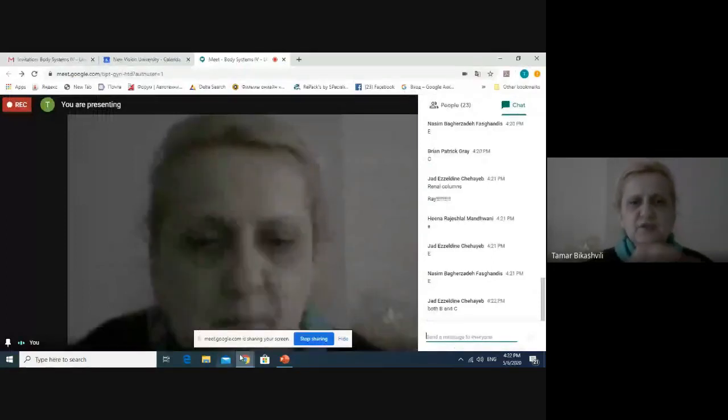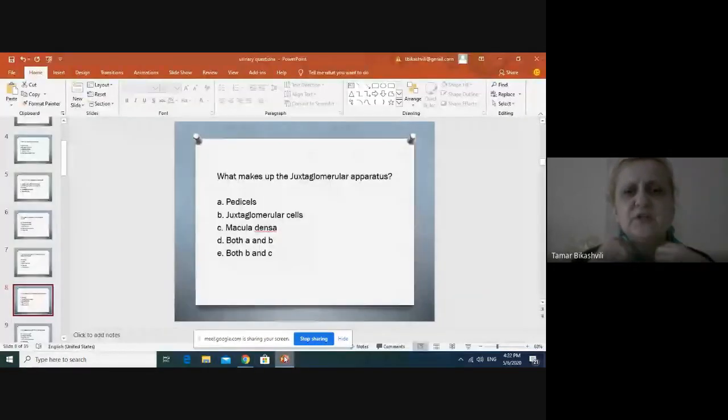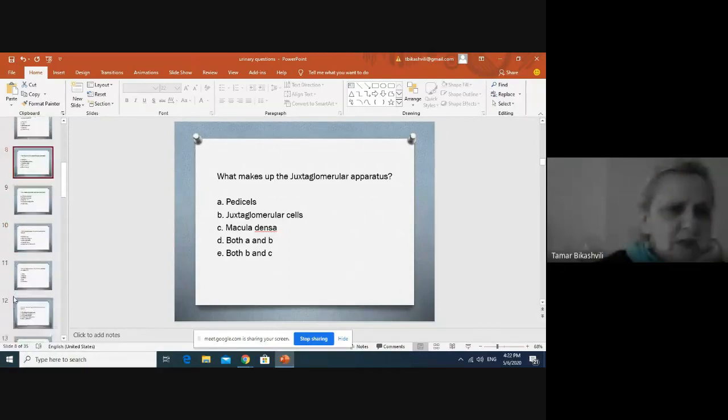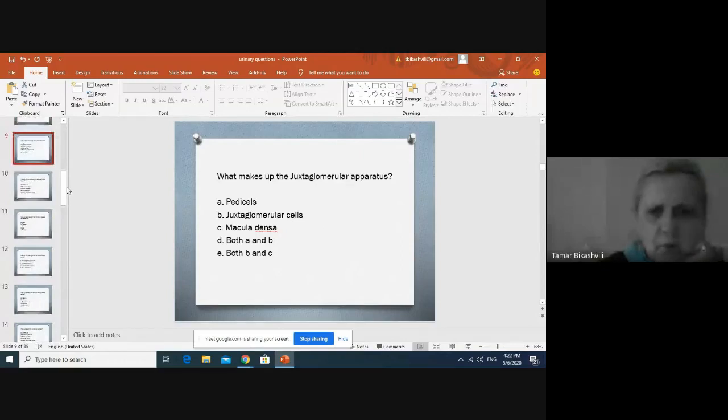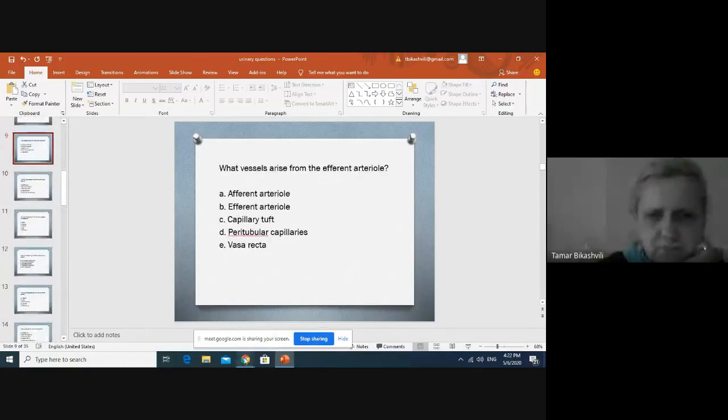Both B and C. So what are B and C? Juxtaglomerular cells and macula densa cells. Yes, juxtaglomerular apparatus, juxtaglomerular cells, and macula densa cells, of course. The next question.